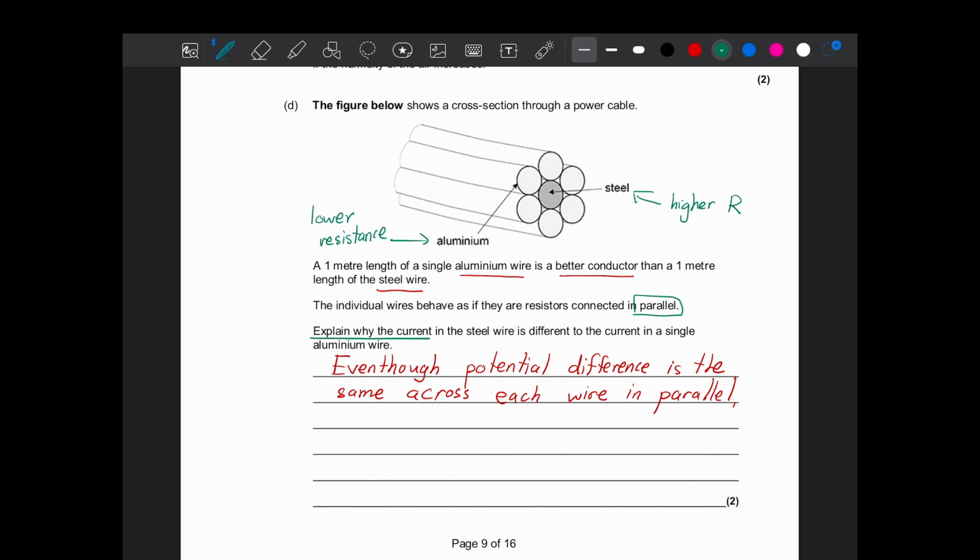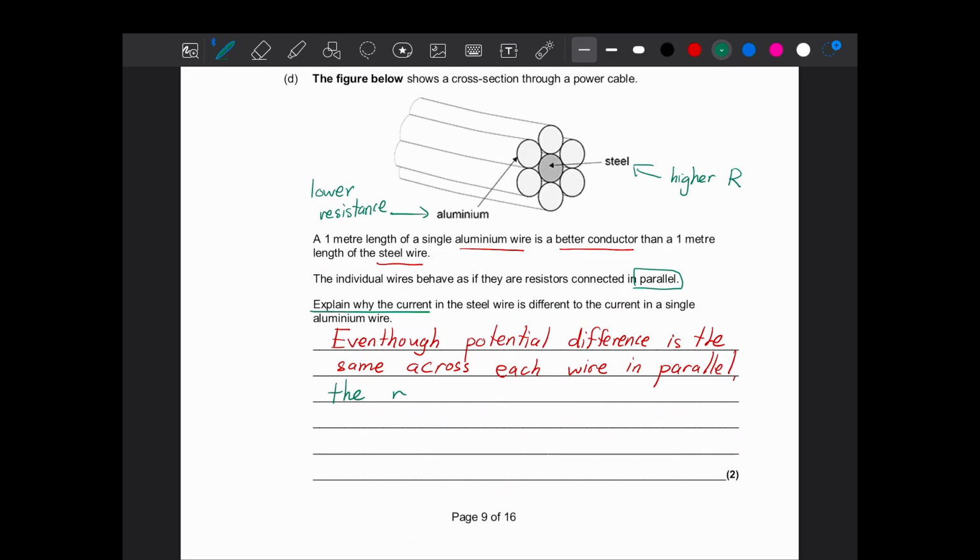I'll do this in a different color. The resistance of the steel wire is greater, so less current flows through.